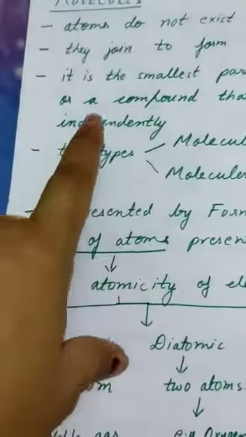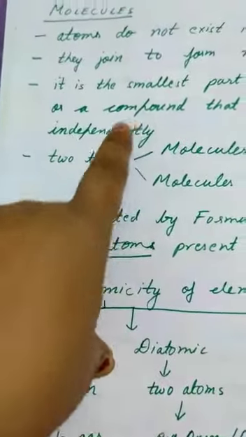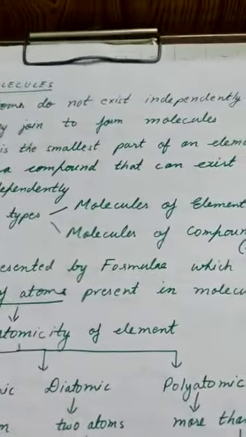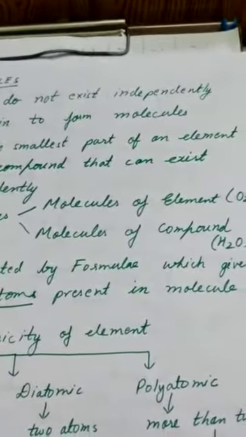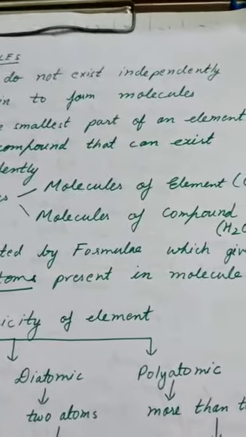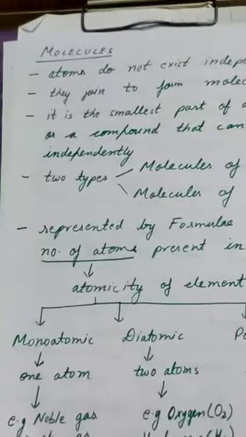element or a compound. So on this basis, molecules can be of two types. One is molecules of elements like oxygen and the other is molecules of compounds like water.